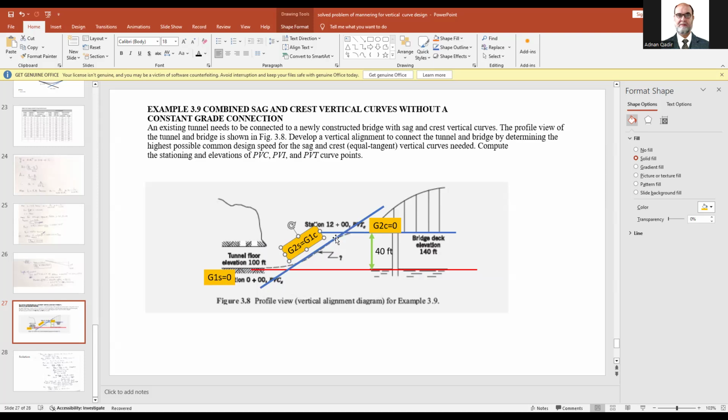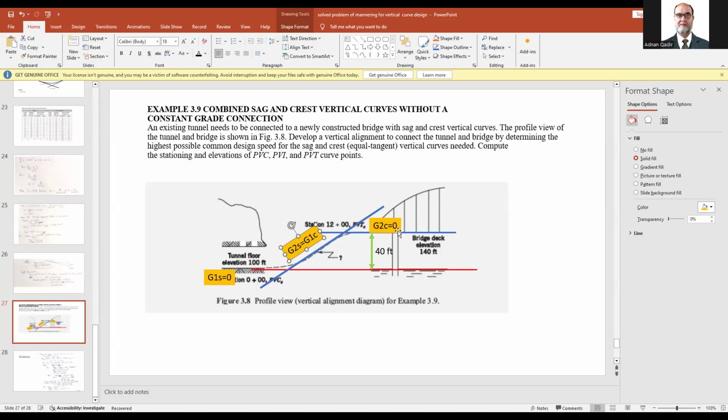And since this is an equal tangent, we can say that the upward grade for this sag curve will be the same as the downward grade, or the ascending grade, for the crest vertical curve. And naturally, this grade will also be 0.